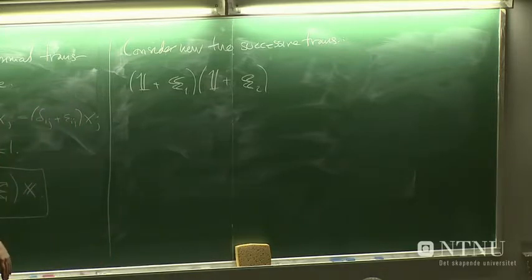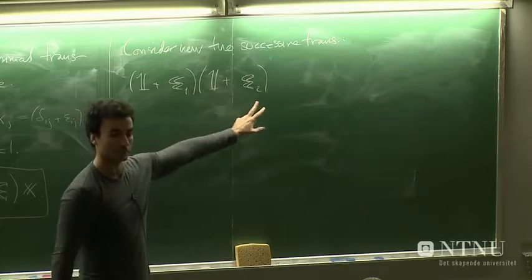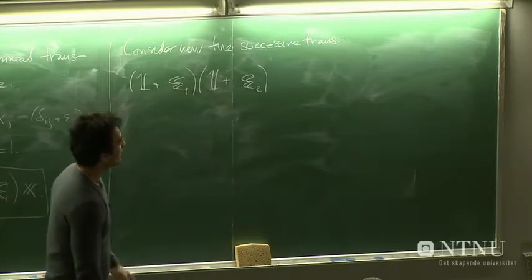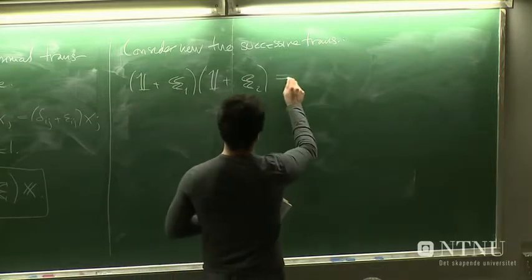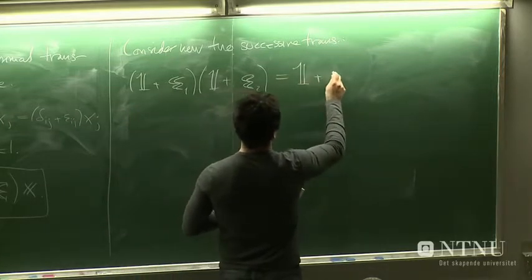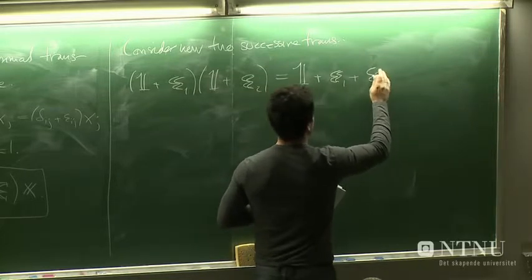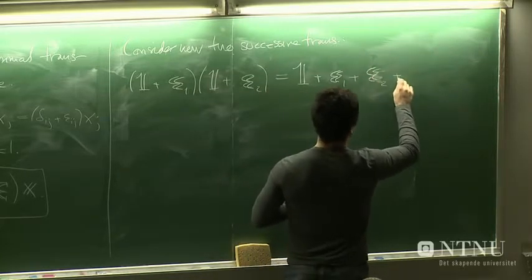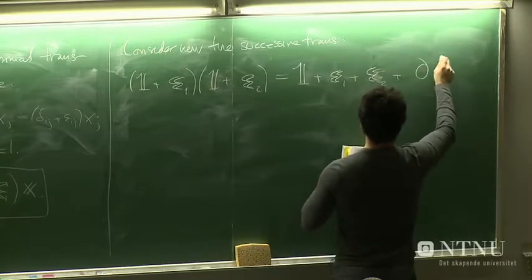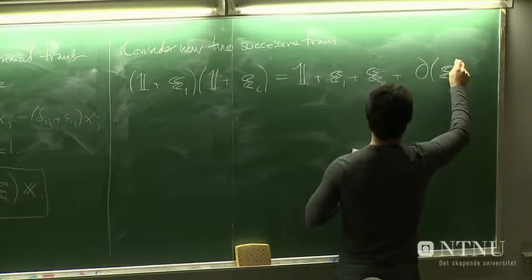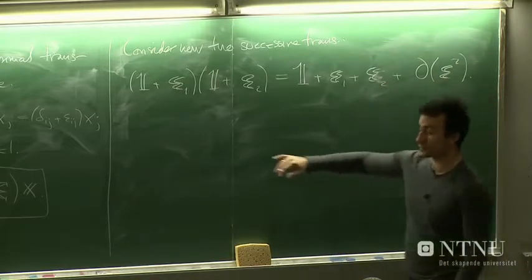Two successive transformations would look like this, where epsilon 1 and epsilon 2 correspond to the two different rotations. So these are matrices.